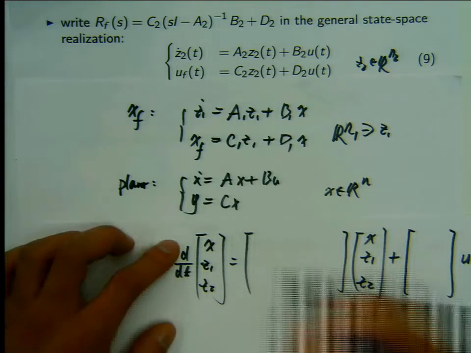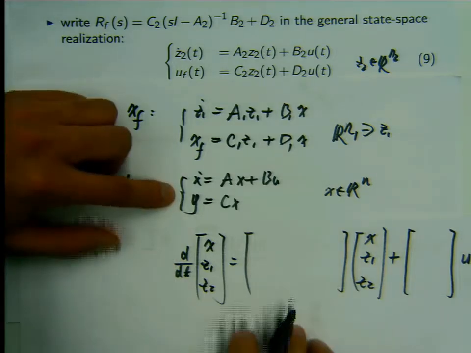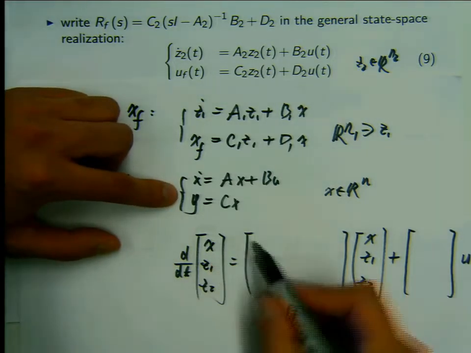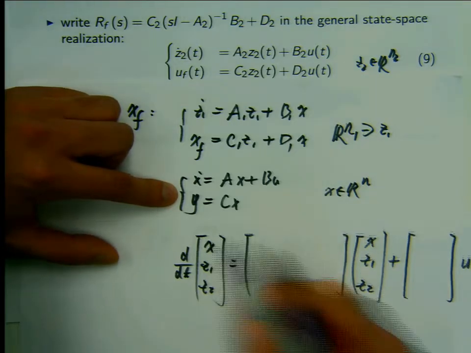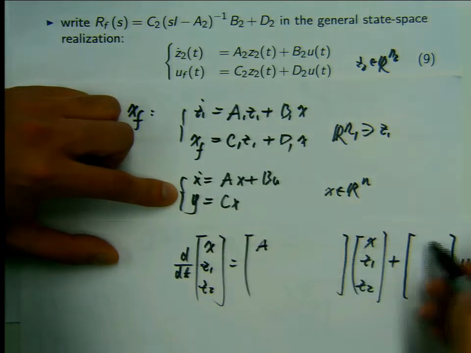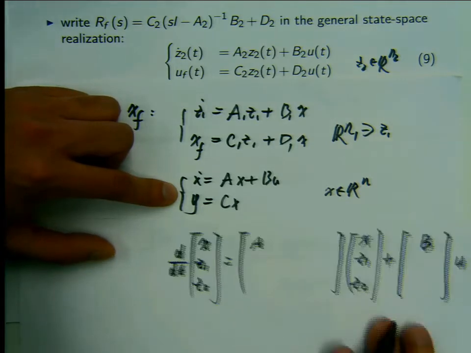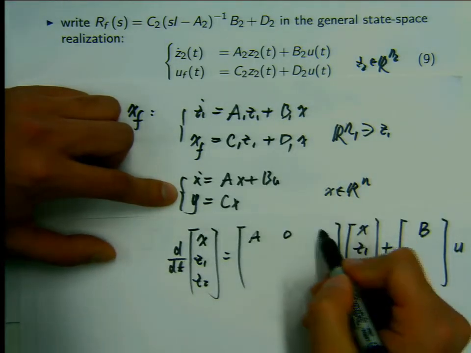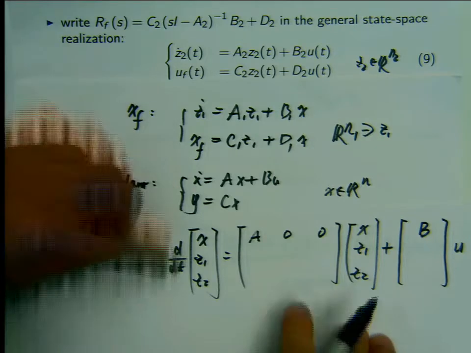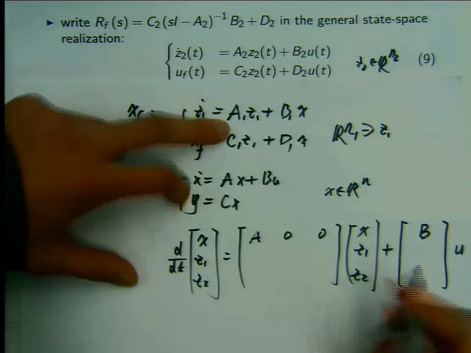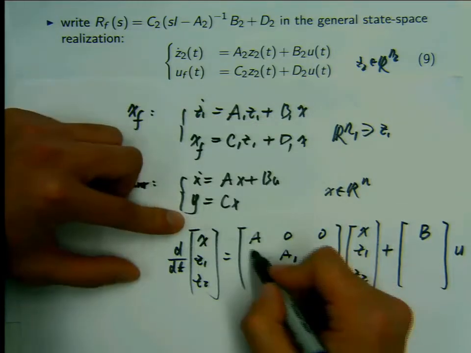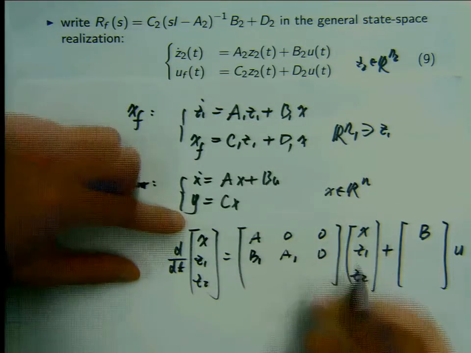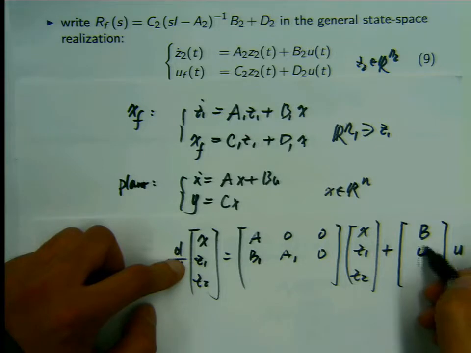So we have to do, for example, for the first case, the dynamics of x. This one is the easiest to do, I think. It's going to be x dot equals Ax plus Bu. It doesn't depend on z1 and z2. And then z1 dot is A1 z1 plus B1 times x. z1 doesn't depend on u.